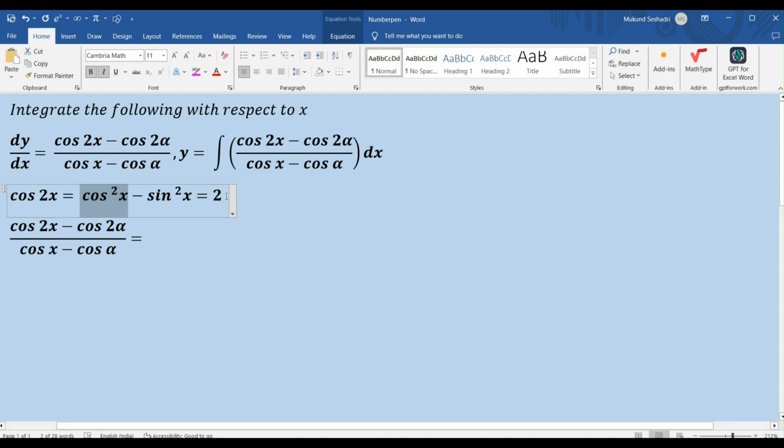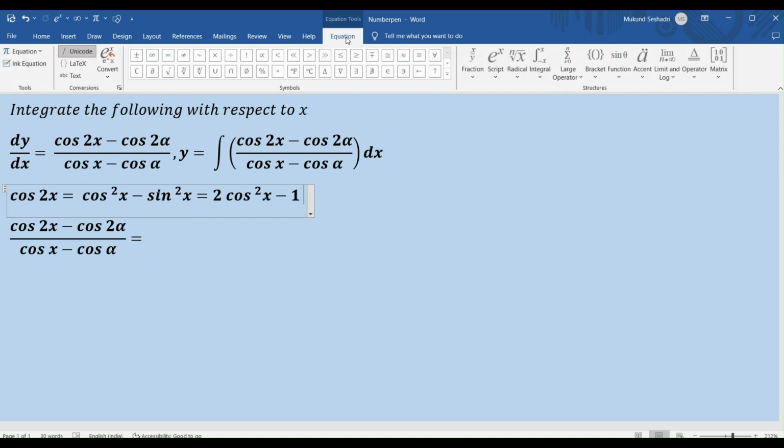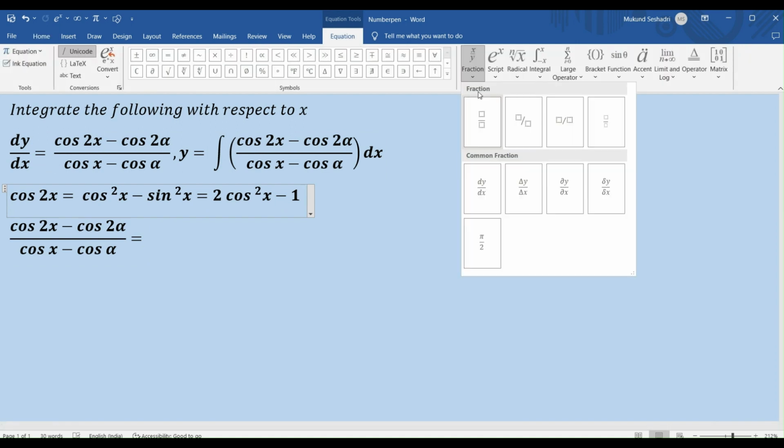Are you folks with me? All I'm doing is rewriting sine square x as 1 minus cos square x, and then adding the cos square x with the existing cos square x. I get this particular identity here. So cos 2x is 2 cos square x minus 1, and similarly cos 2 alpha will also be 2 cos square alpha minus 1.